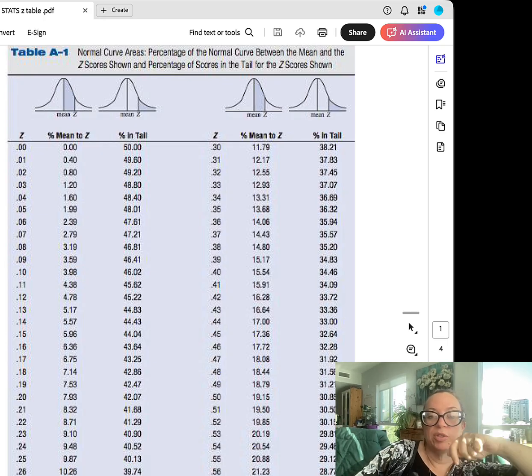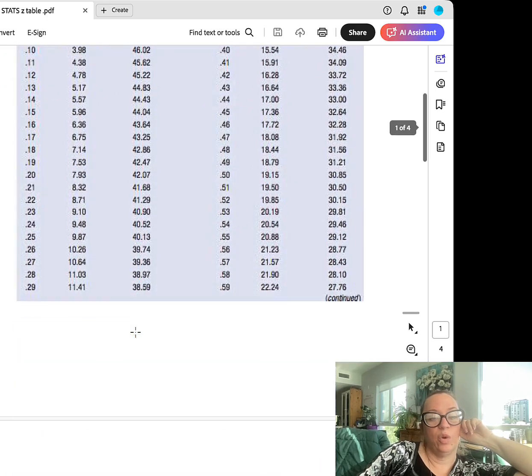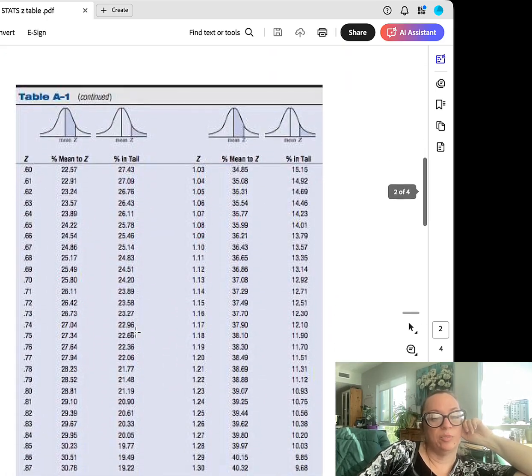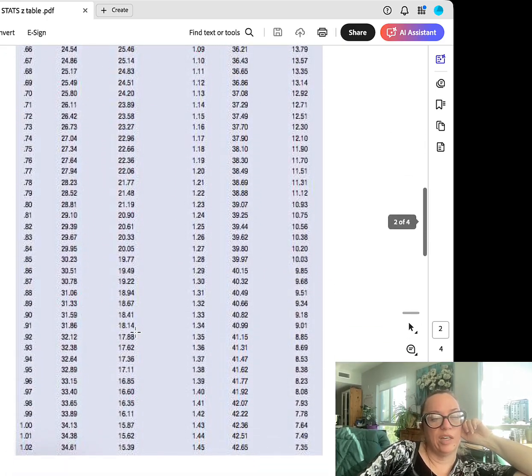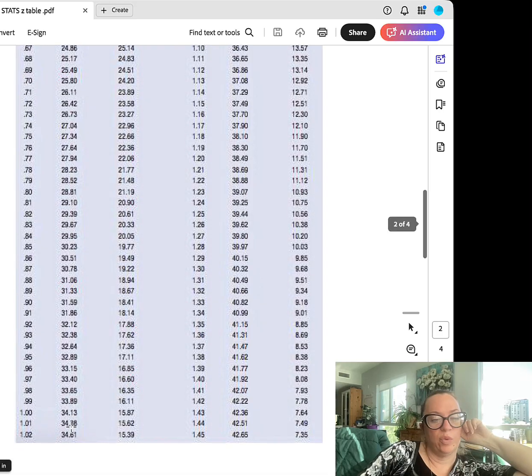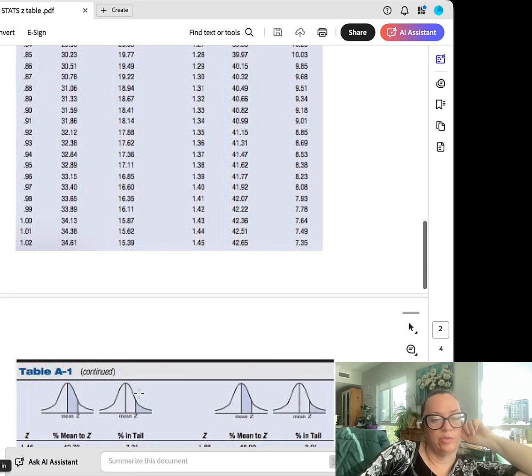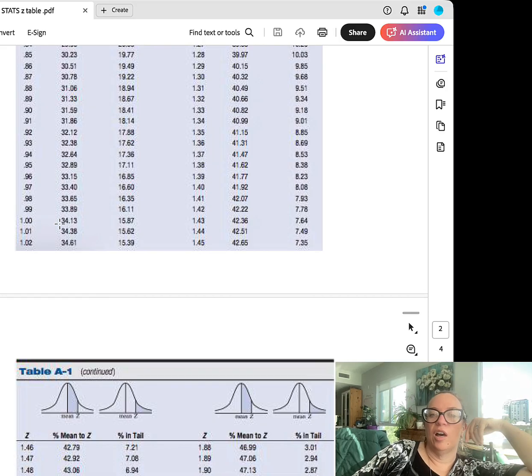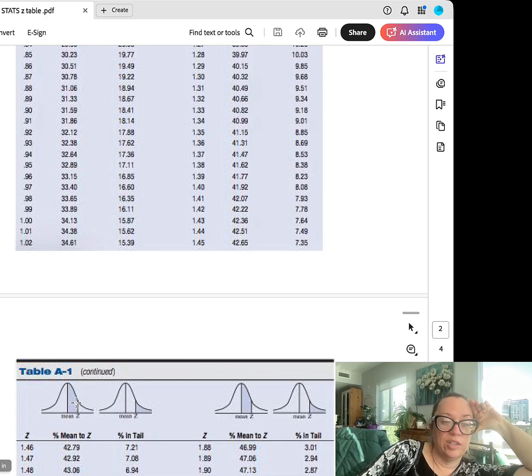Okay. Let's do another one just to make sure that you get it. What about a z of -1 and a z of +1? Okay, now we're getting complicated. So let's find 1, and it'll be the same now whether it's negative or positive. Okay, so there's 1. I'll just put it here so we can use these down here. So for a z of 1, the percent of mean to z, right?